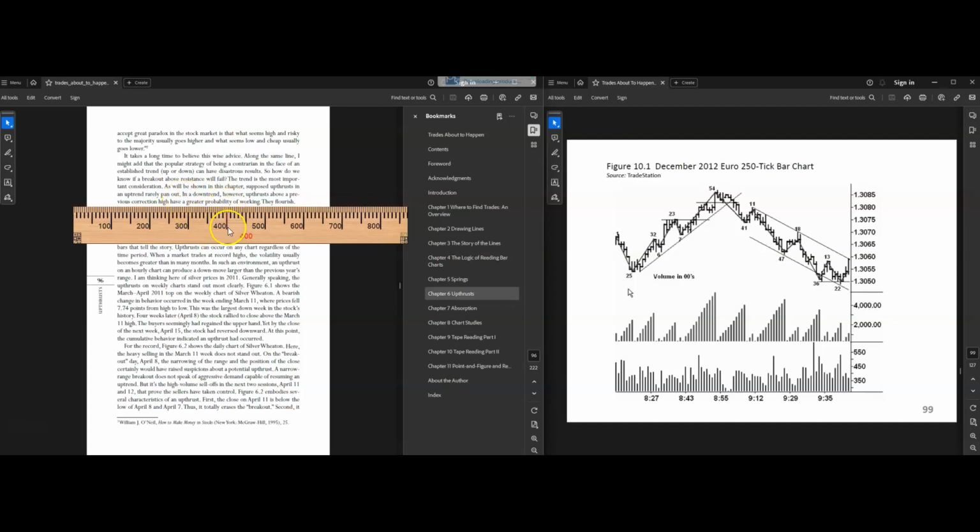In a downtrend, however, upthrusts above a previous correction high have a great probability of working. This is the ABC pattern, meaning you have a down rally. Imagine a bear flag, right?